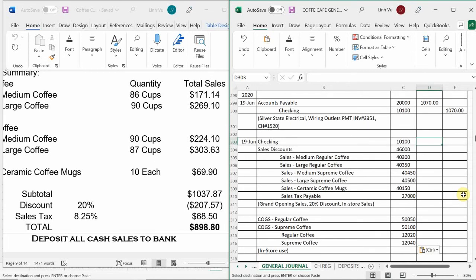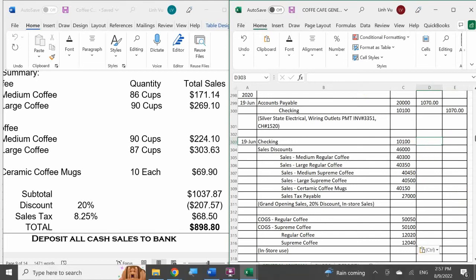It's 898.80 that we made for checking deposit. Okay. Our sales discount was $207.57.